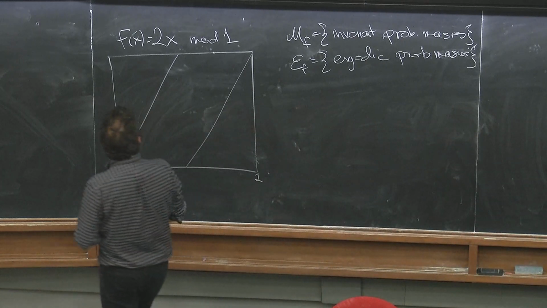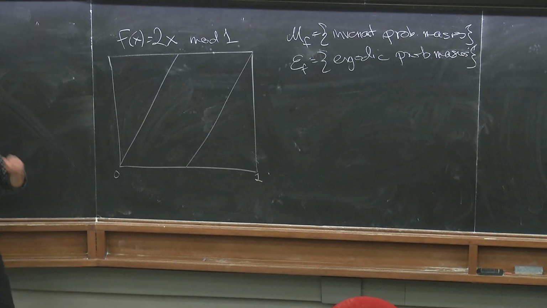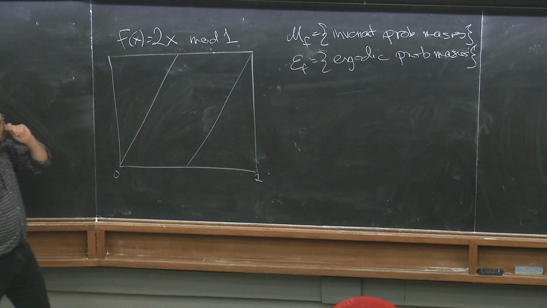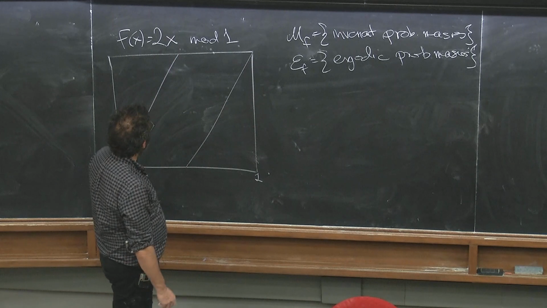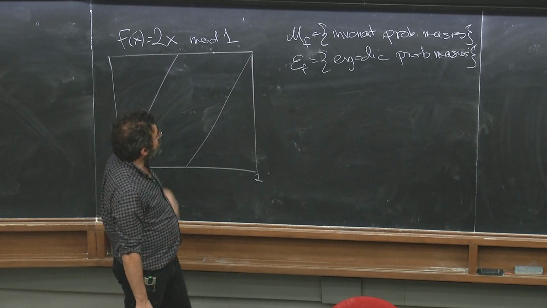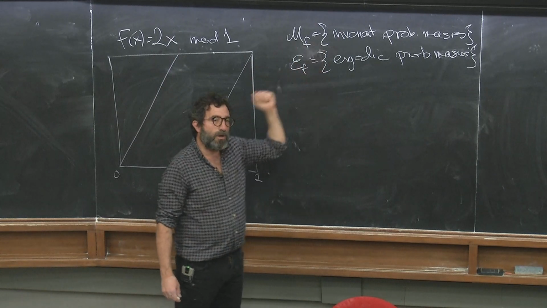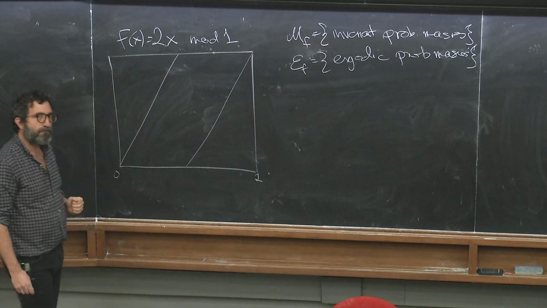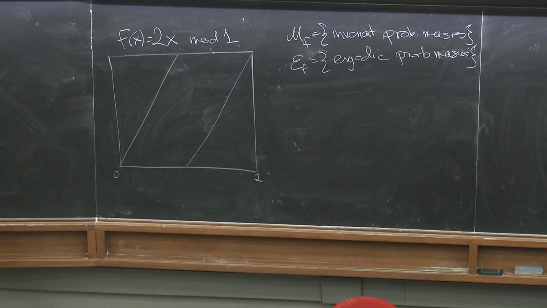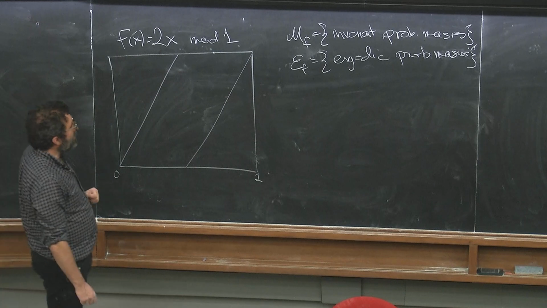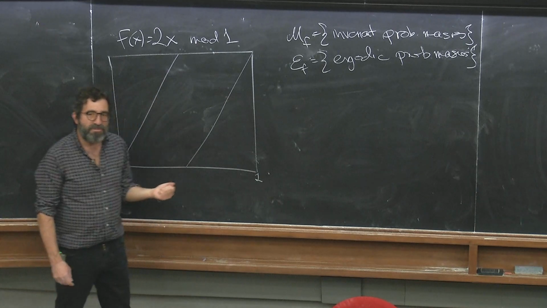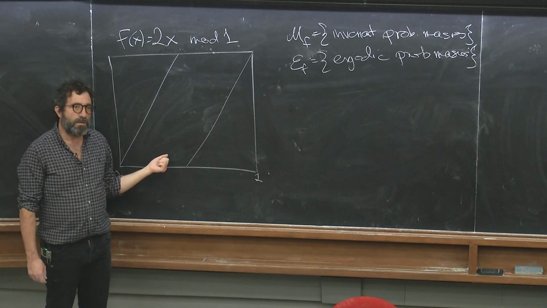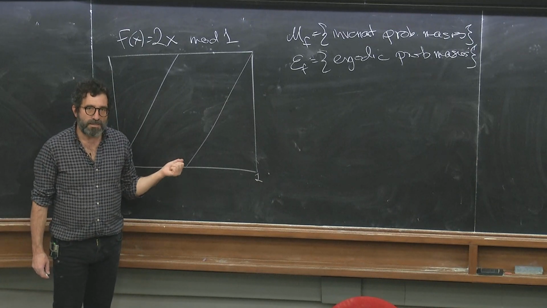So what I said was that we study the map 2x mod 1, and we want to study the class of invariant and ergodic measures here, right? We've just proved that Lebesgue measure is invariant and ergodic. Which other invariant ergodic measures do we know exist for this map?